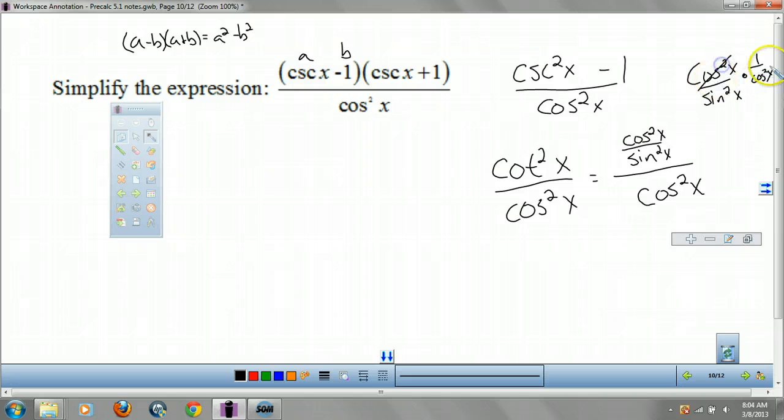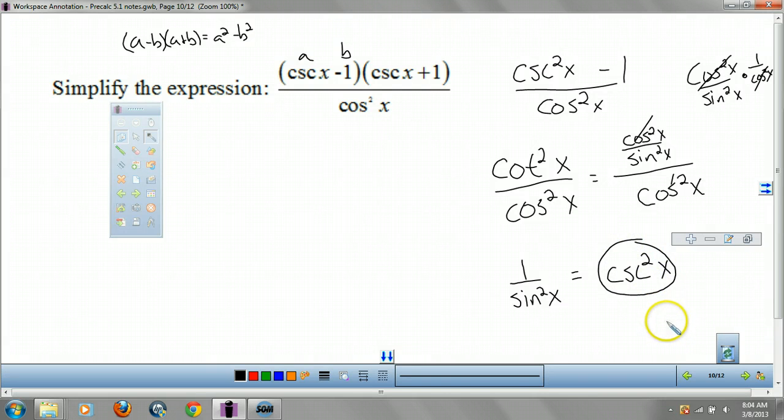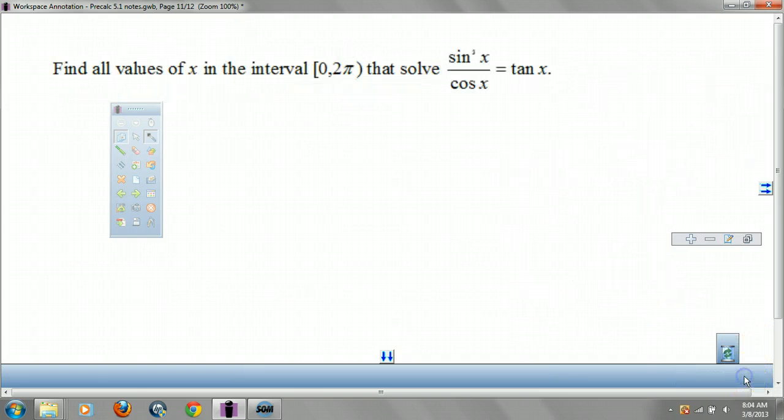These cancel. So we get 1 over sine squared of x, which is cosecant squared of x. And we're done. We're almost there, guys. We're actually going to skip the next one for now. Is that okay with you guys?